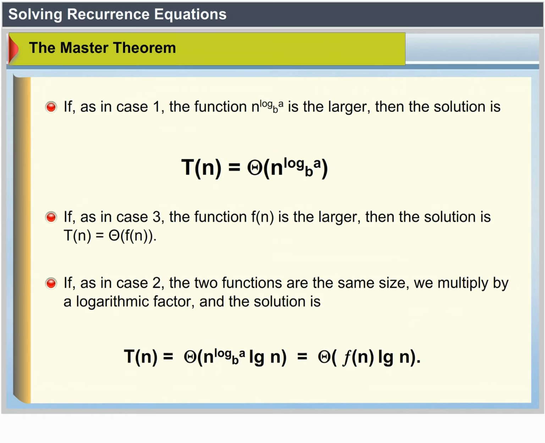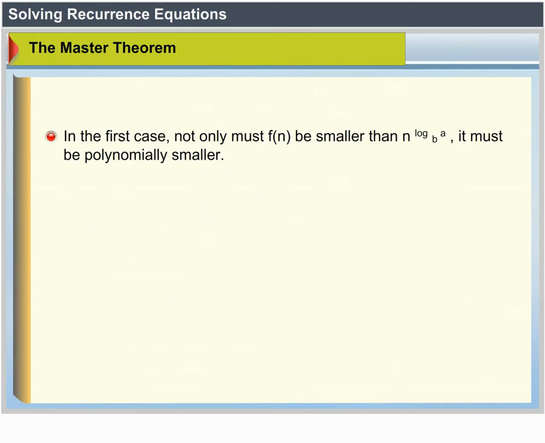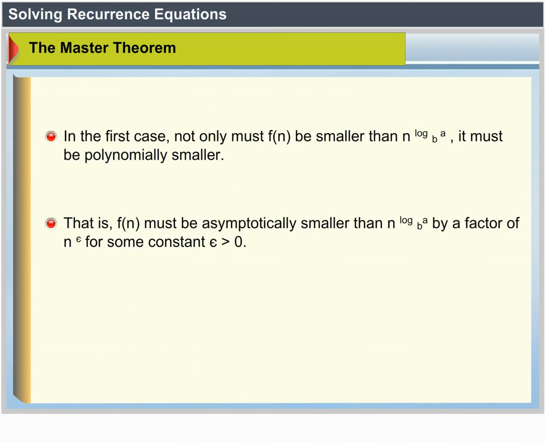In the first case, not only must f(n) be smaller than n^(log_b a), it must be polynomially smaller. That is, f(n) must be asymptotically smaller than n^(log_b a) by a factor of n^ε for some constant ε greater than 0.